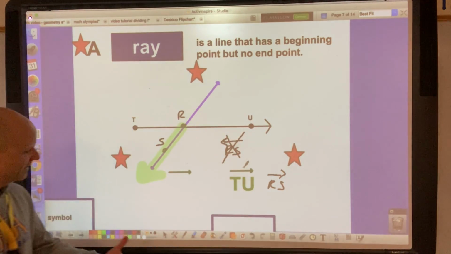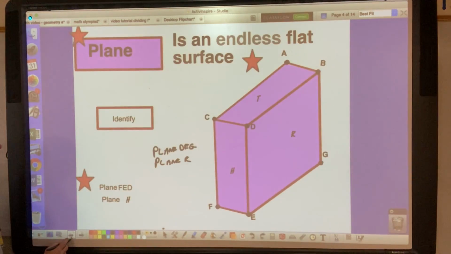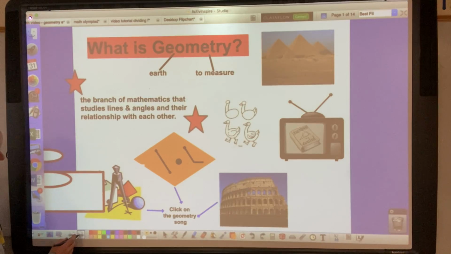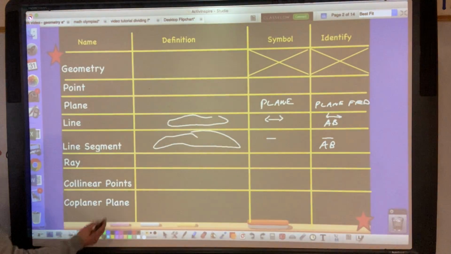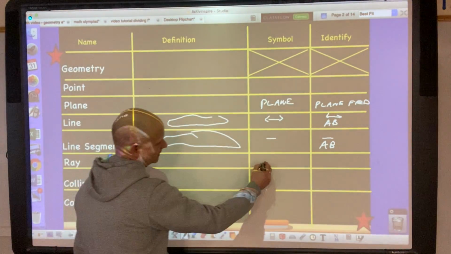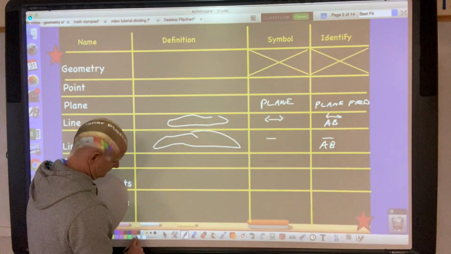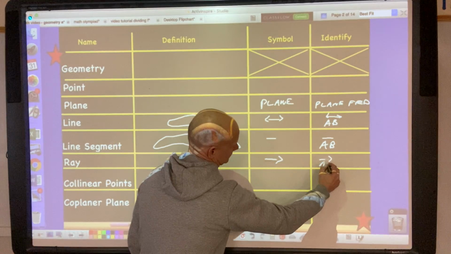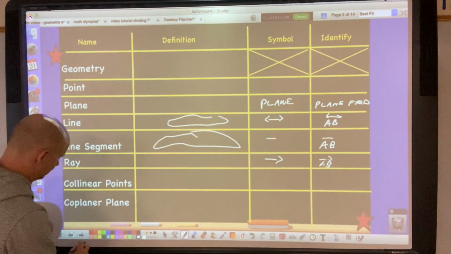Got it? So go back to the first page. Put in your notes again the ray symbol, and then 2 points, and then your definition.